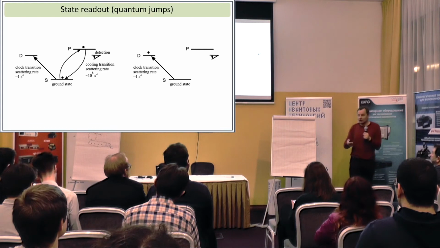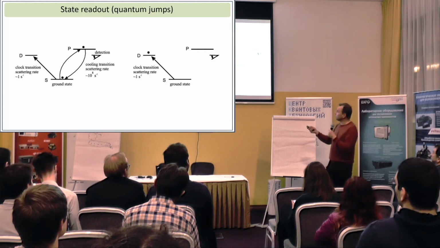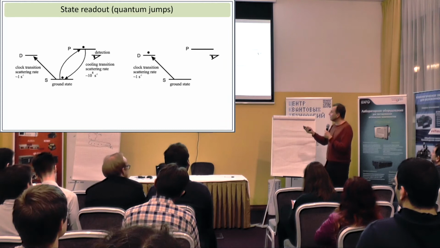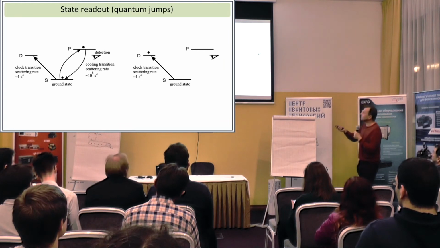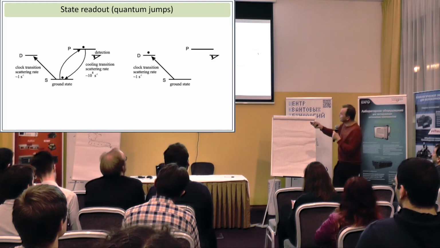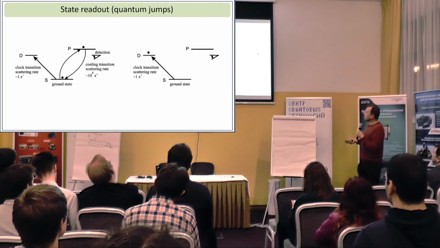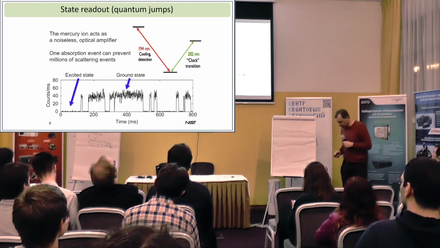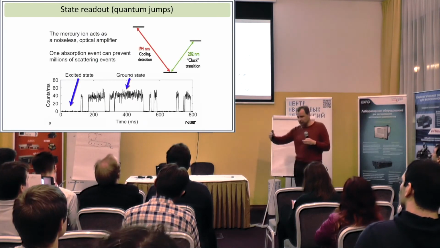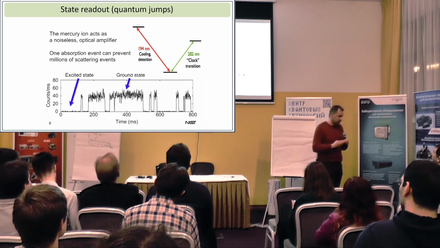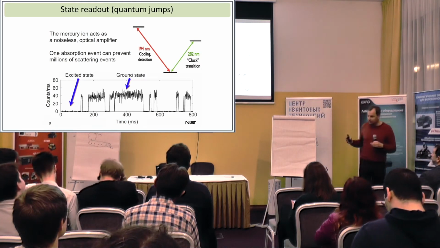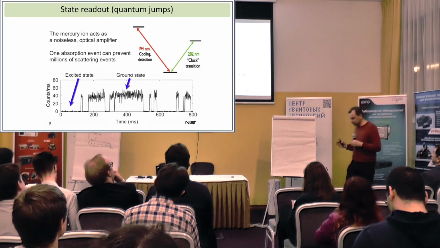Of course, this procedure is just a projection of the superposition of this wave function, which can be a superposition of S and D state, for example, on our basis. So this is a typical approach. One can, of course, do it with a chain of ions. One can do it simultaneously. So it's not a very difficult technology.